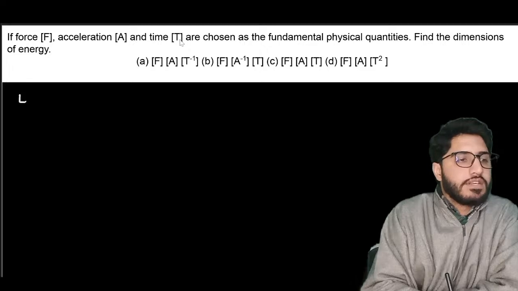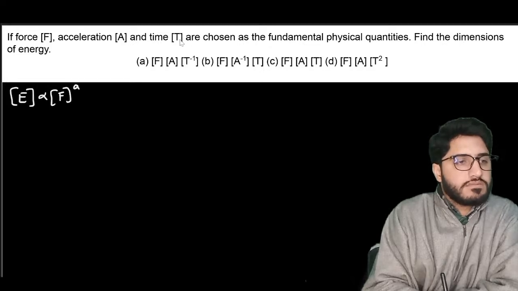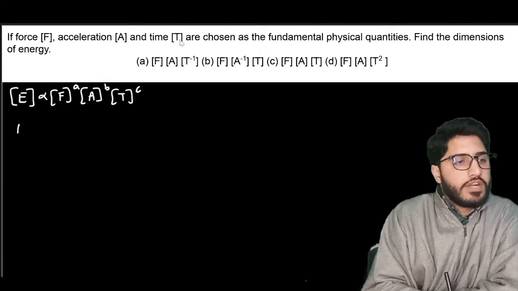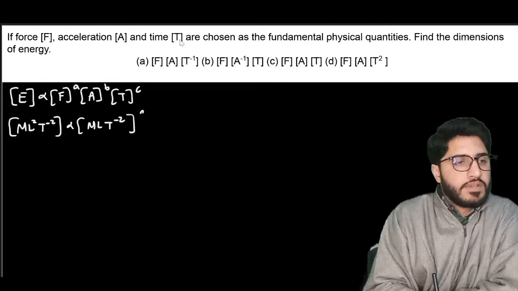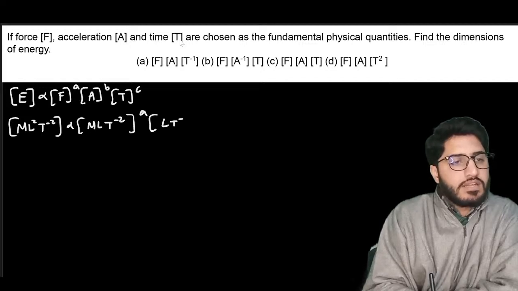But energy depends on force, acceleration, and time. So energy, we know it is mL2T minus 2. Force is mLT minus 2. Acceleration is LT minus 2. Then we have time T.